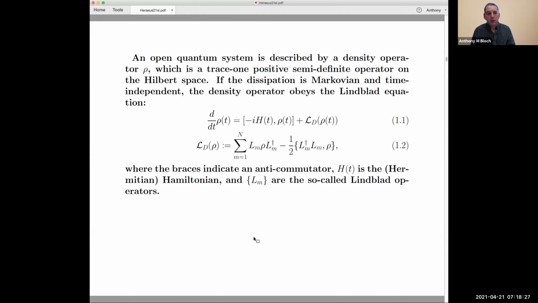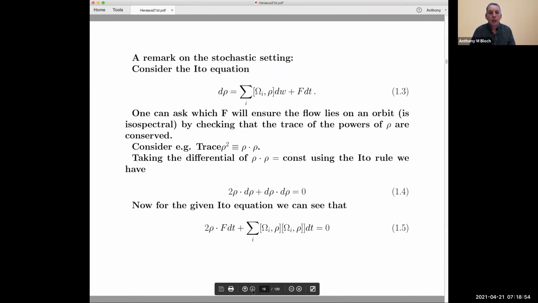You have an equation that looks like this, d rho dt, the Hamiltonian term plus the Lindblad term, and the Lindblad term, the one I've written here, is pretty general. It's a bit more general than we use, but this is the basic idea. The braces here are the anti-commutator. H of t is the Hamiltonian, and the L_m, these capital L's, are the Lindblad operators.